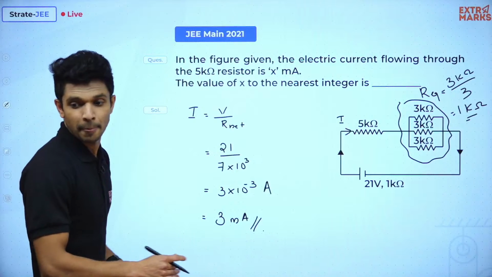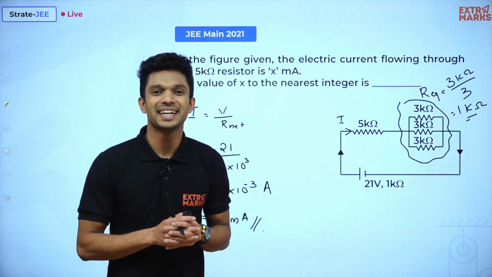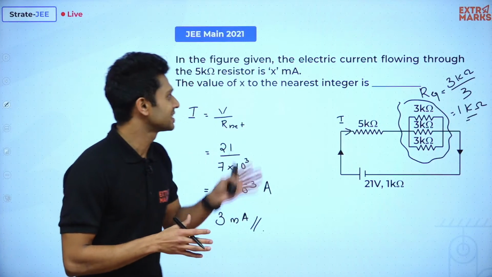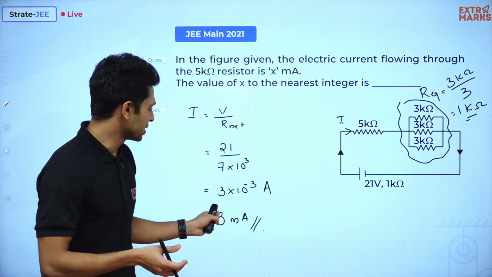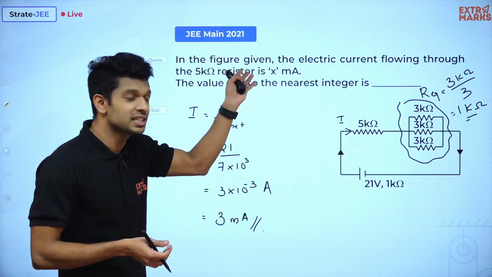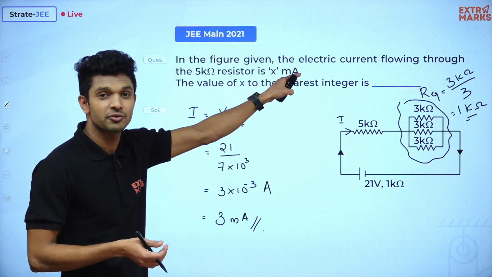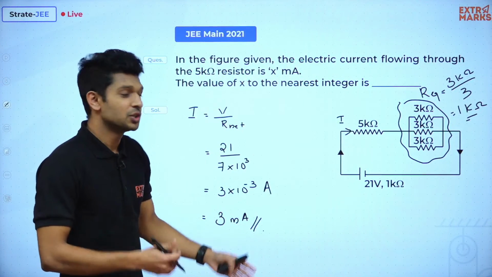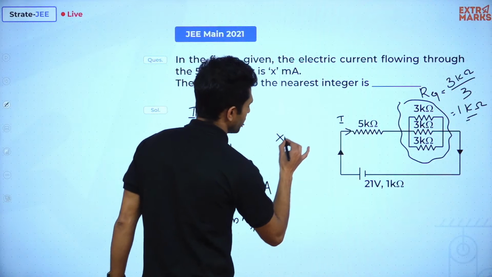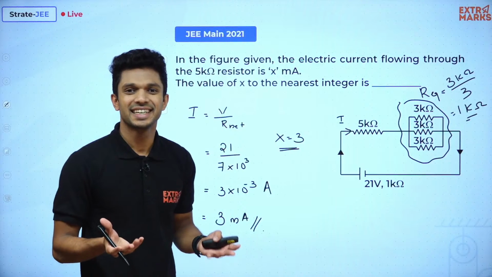What is the value of X? Value of X here is 3 milliampere, right? Obviously X is equal to 3, because it is said in the question that the current passing through this 5 kilo ohm is X milliampere, and we found the value as 3 milliampere. So without any further doubts, X is equal to 3. Any problems?